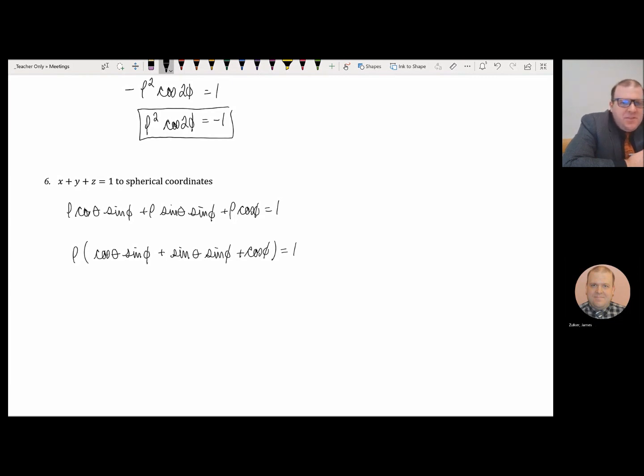I mean, you can use product to sum identities on cosine theta sine phi and sine theta sine phi. I don't know if that's going to simplify anything. It'd just make it look more hideous than it already is, so just stop there.